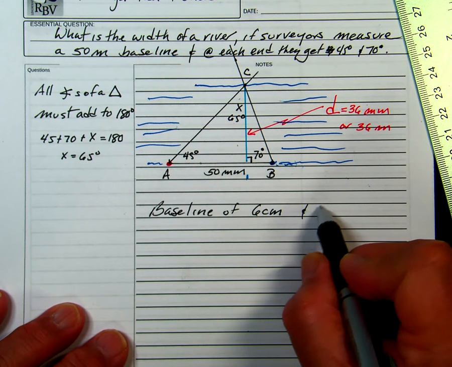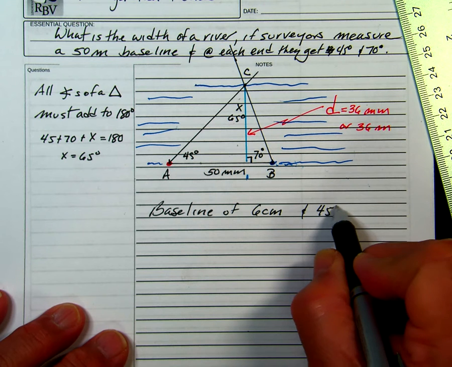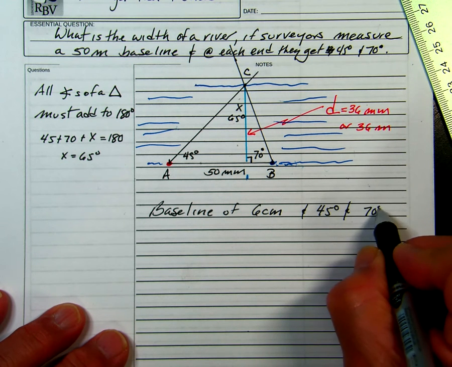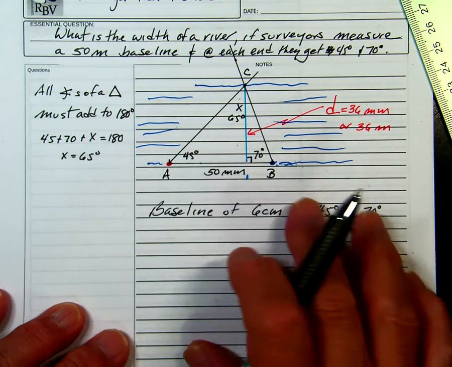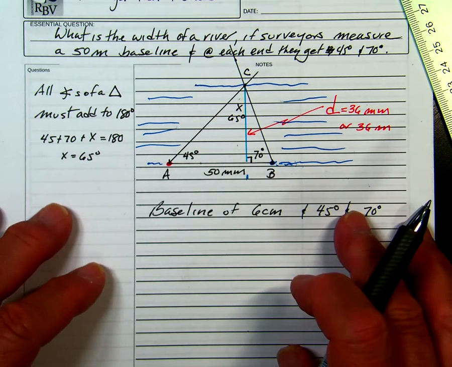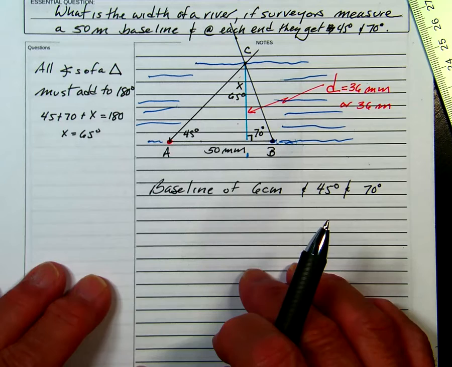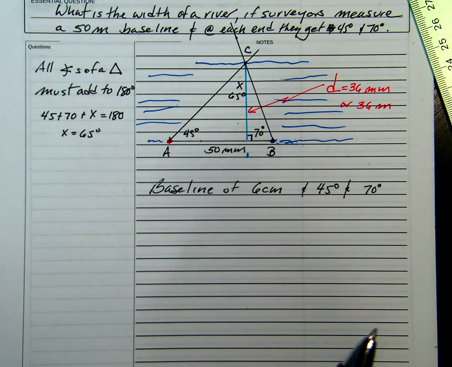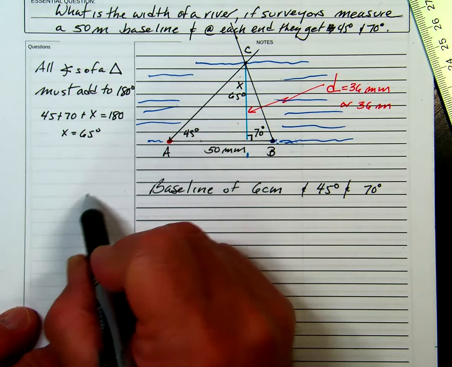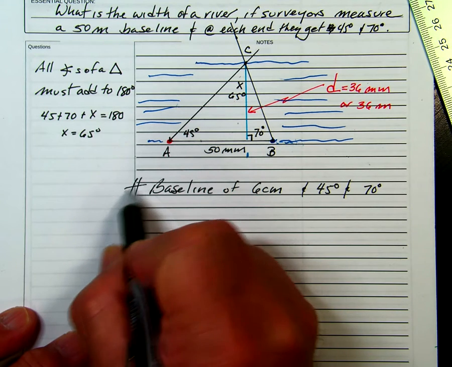One is 45 degrees and the other one is 70 degrees. Now it's very similar to the one that we've done, but we've enlarged the base more. So work out the problem underneath it, make sure that you get the accurate answers for it, and tell me what is the width of the river. So this is for you to work out, please. Thank you.